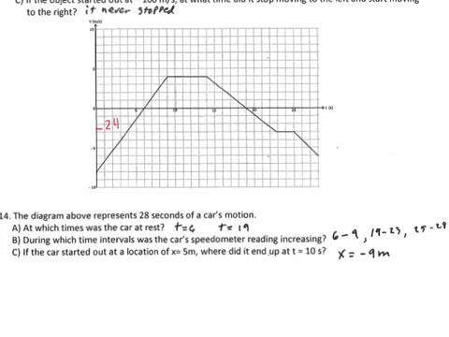Then the area on this triangle gives positive 6, and this little rectangle gives 4. So I have a total of positive 10 and negative 24, so the net change is negative 14 meters. If I start at a position of positive 5 and displace in the negative direction by 14, it gives me negative 9 meters.